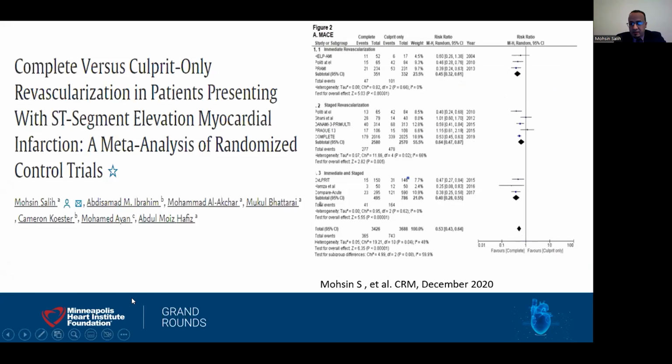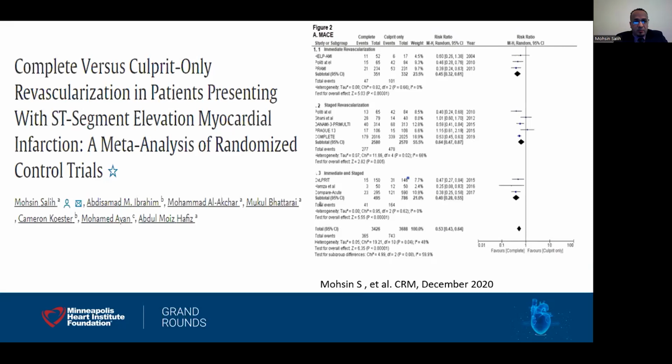The randomized controlled trials that we had, I summarized in a meta-analysis I did, showing that a staged, non-index procedure is safe and effective.